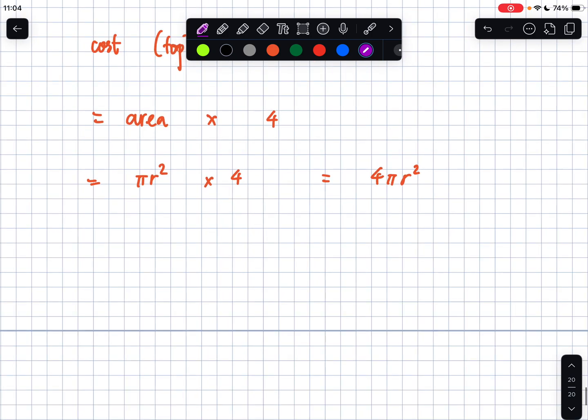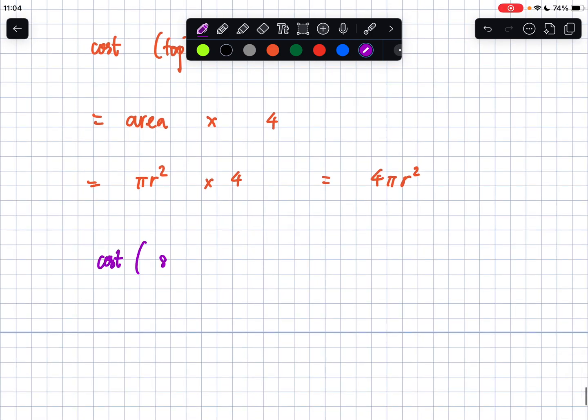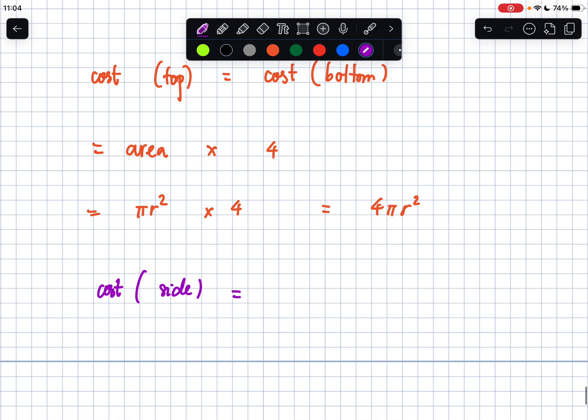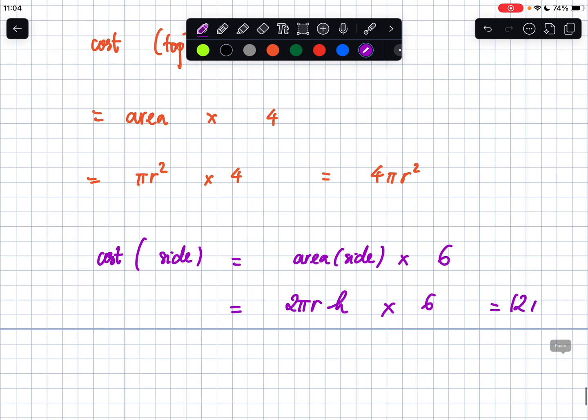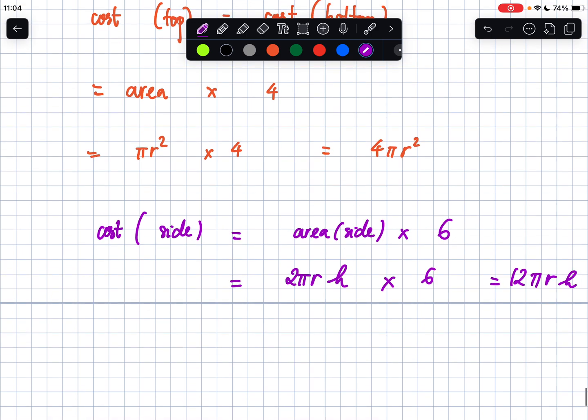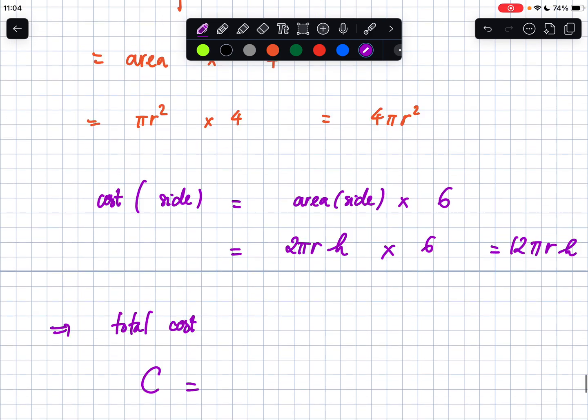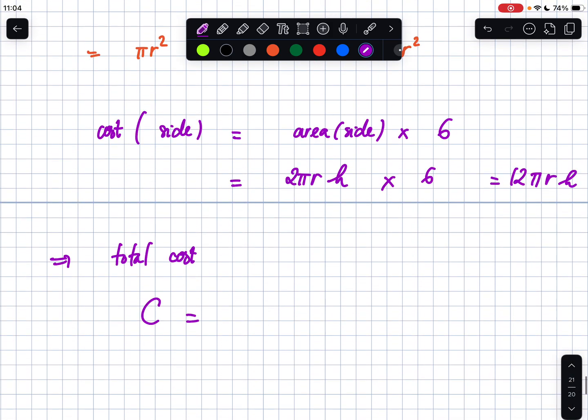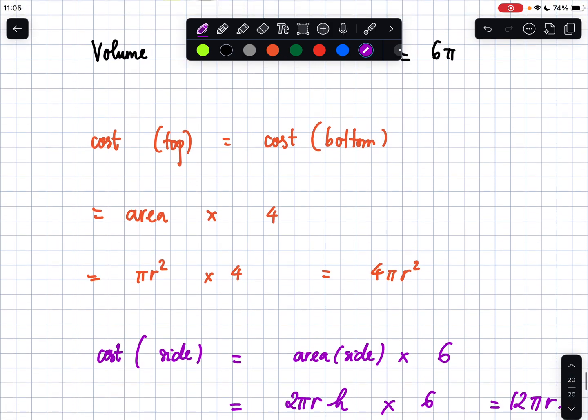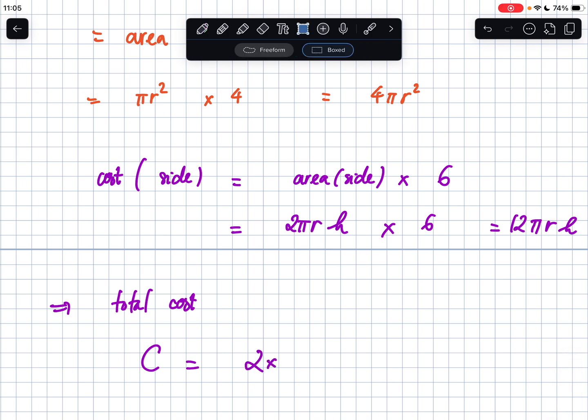The cost for the side equal to the area of the side times the price 6. So 2π r times h times 6, 12π r h, which makes the total cost. Let me write it as a function C. C equal to the top and bottom, which is 2 times this one.